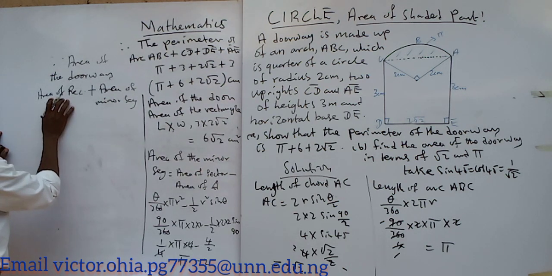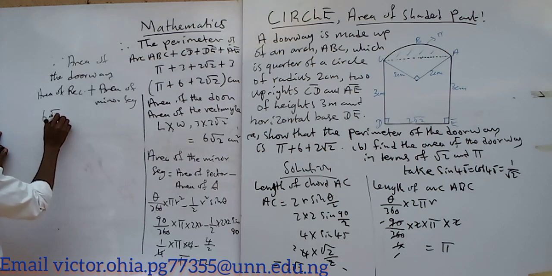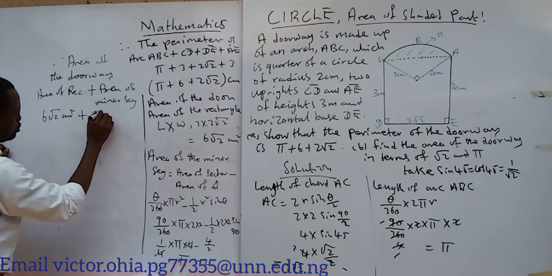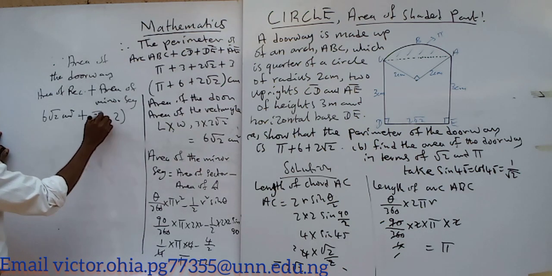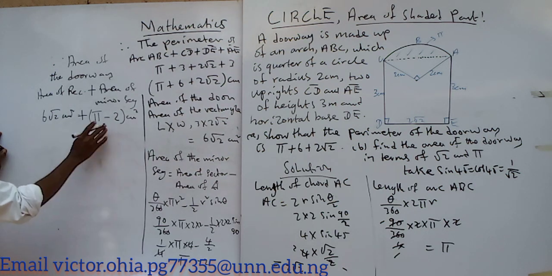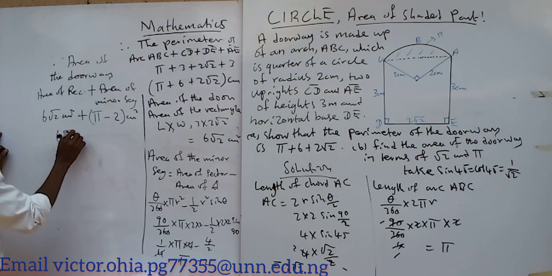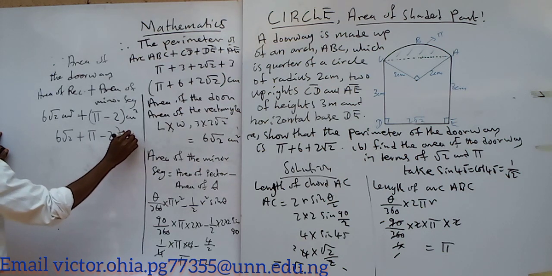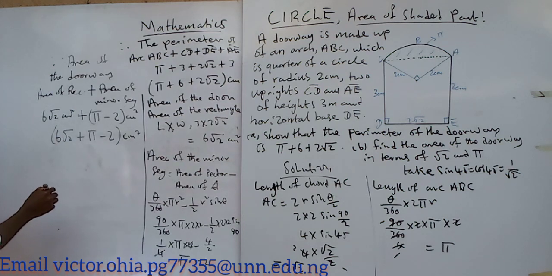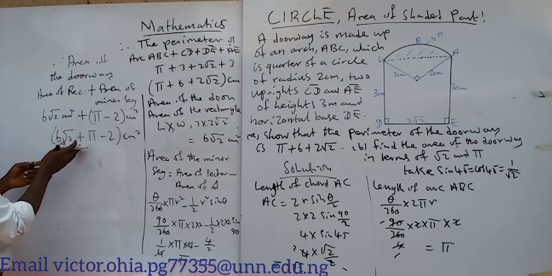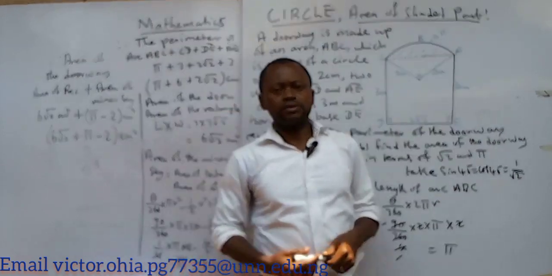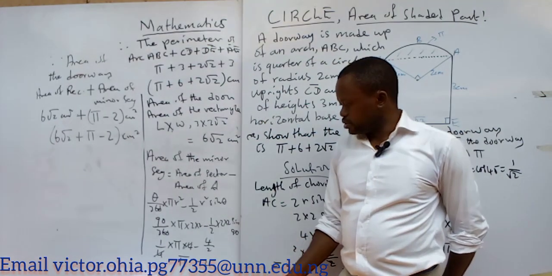So this one gave us 6 root 2 cm squared plus this one that gave us pi minus 2 in cm squared. So both of them will give us 6 root 2 plus pi minus 2 all in cm squared. Okay. So if you look at it, you still see that it is expressed in terms of root 2 and pi as the question demanded.